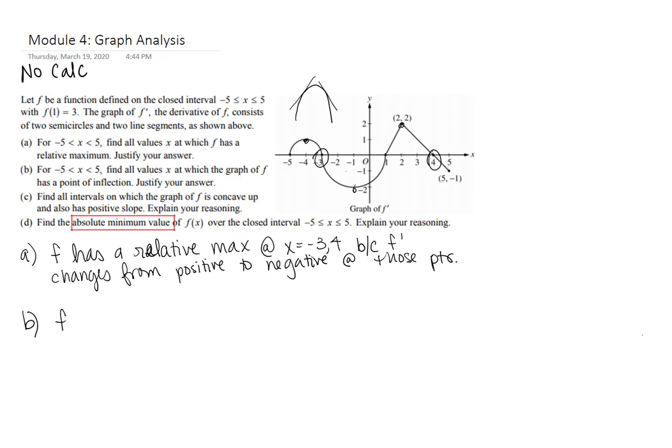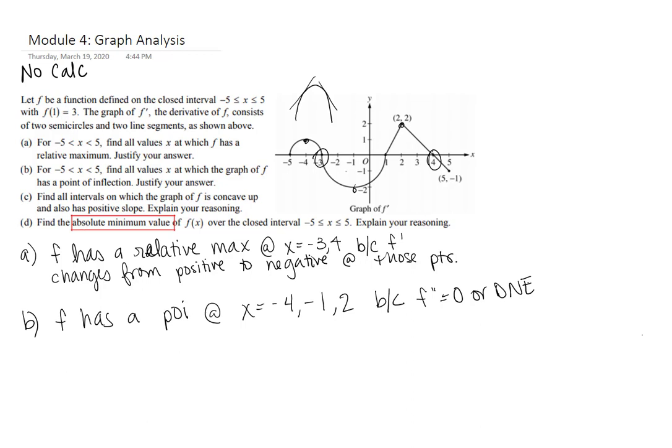So I'm going to say f has a point of inflection at x equals -4, -1, and +2, because f double prime equals 0 or does not exist, because those are our two conditions.